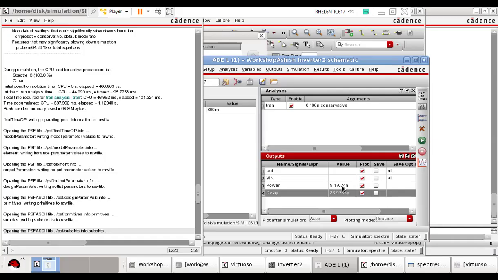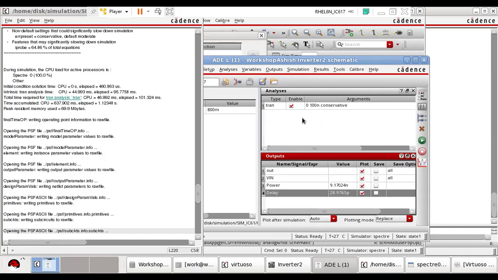So every process corner impacts your device in different possible ways. We have seen these are only four cases possible: if your NMOS goes fast and PMOS goes slow, if your NMOS goes slow and PMOS goes fast, both get fast, both get slow. These are the only four possibilities for assumptions.